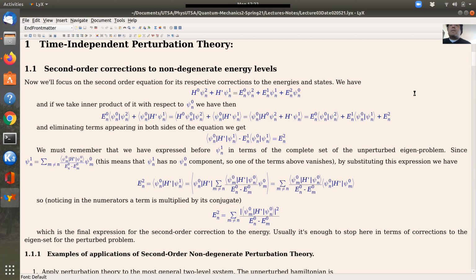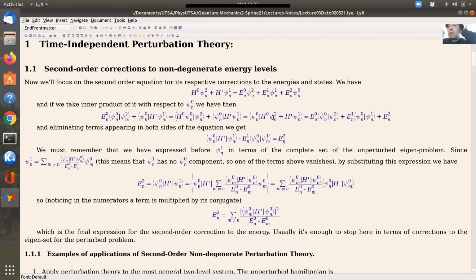We'll take the inner product of this equation with respect to the unperturbed wave function psi 0n. So when I do that, I would have basically these two terms. This one is easy to carry out because let's take the inner product of each one of these three terms.